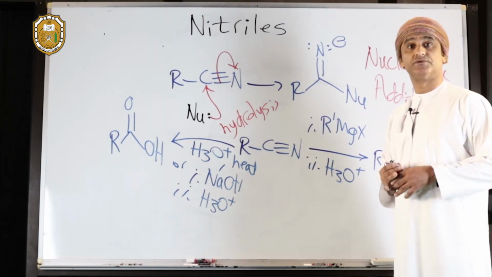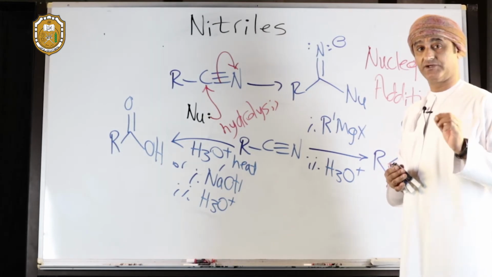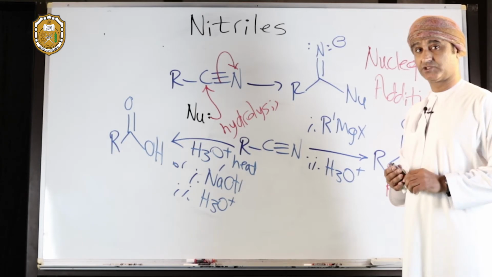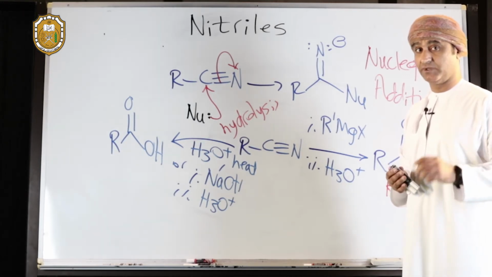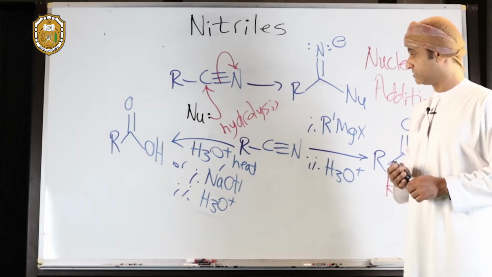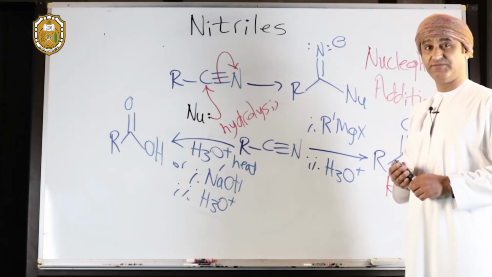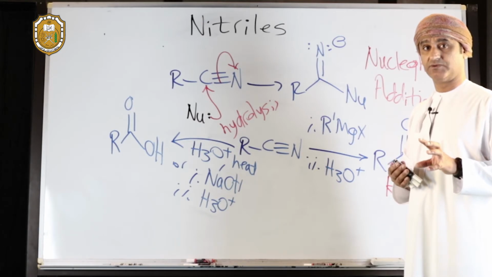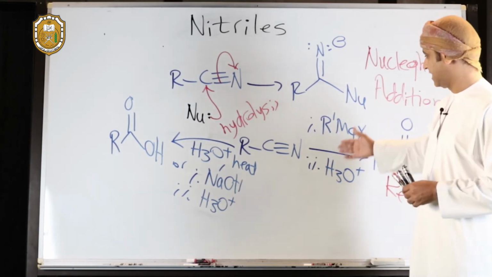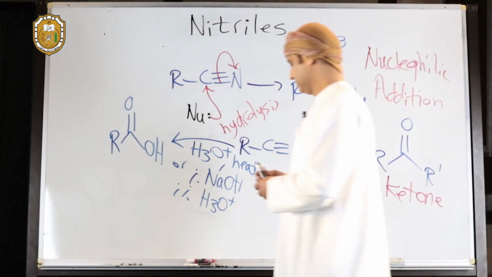Nitriles can also undergo reduction with hydride ions. If nitriles react with a strong reducing agent such as lithium aluminum hydride, the nitrile gets reduced to the corresponding primary amine. That's also a nucleophilic addition type. Obviously, the nucleophile is the hydride ion in that case, whereas in the previous case the nucleophile is the Grignard.